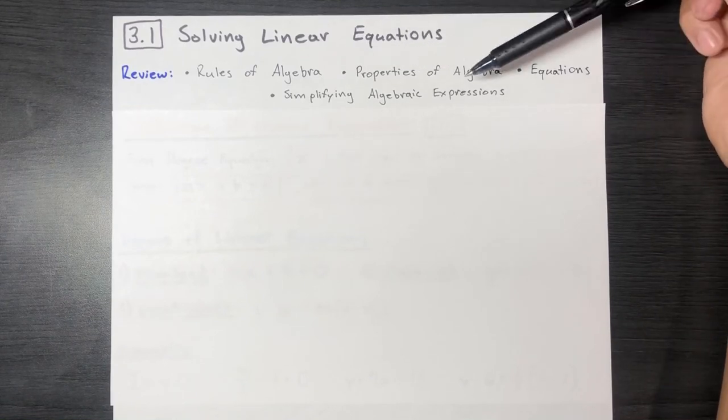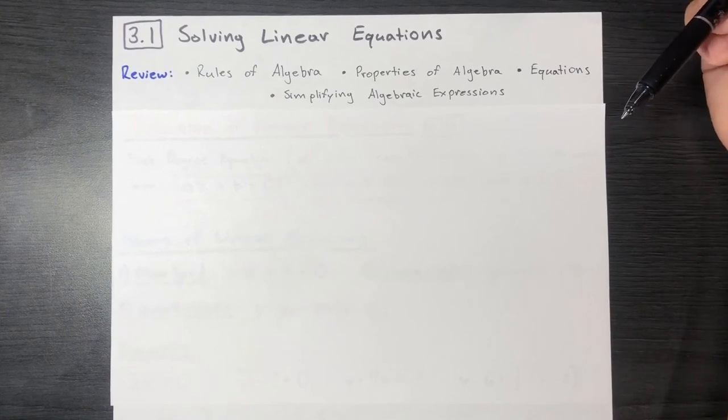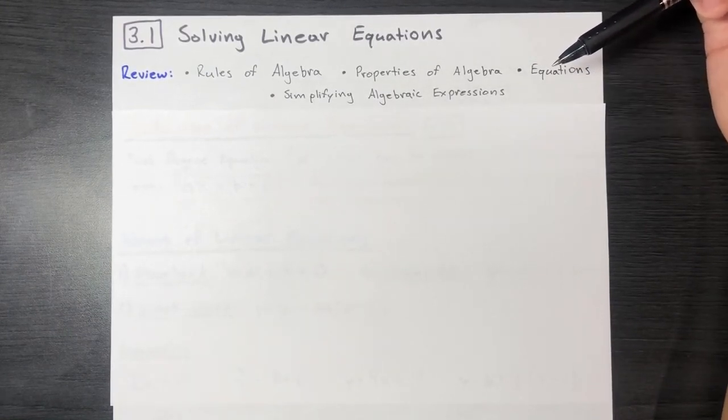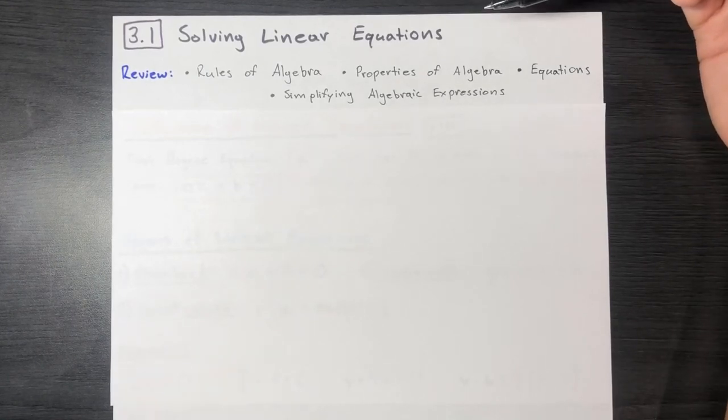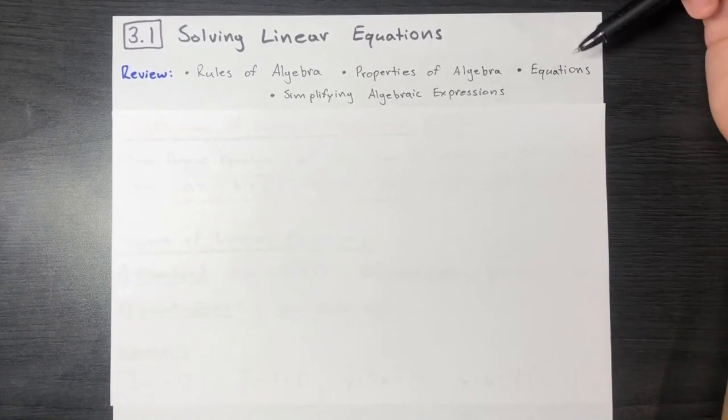We talked about the properties of algebra. These are going to be your commutative, associative, distributive, identity, and inverse property. So make sure that you look over those again so that you know what is acceptable and what is not, especially when it comes to solving linear equations. You need to have those down packed. Finally, we talked a little bit about equations. So we talked about the difference between expressions and equations, and you know that it's just going to be that equal sign.